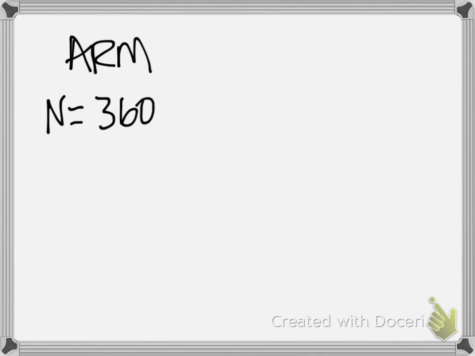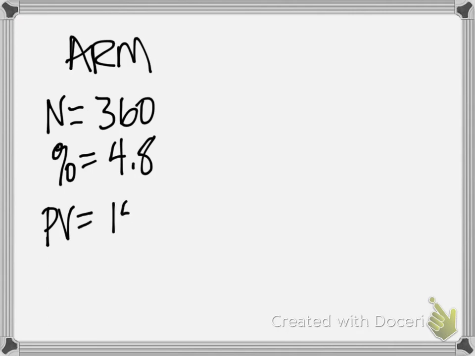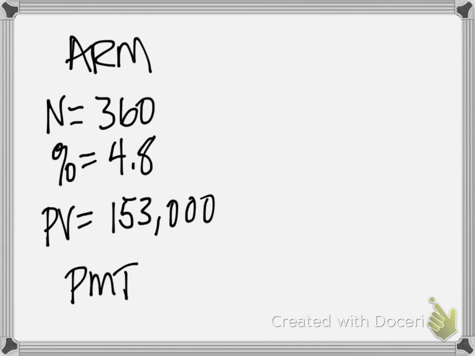So for the adjustable rate mortgage, our N is 360, 30 times 12. Our percentage is the 4.8, as we talked about. We're looking for our starting value, our principal value. That's the $153,000 mortgage, and we want to know our payments. That's the big question. We want to work it so that our future value is down to 0.